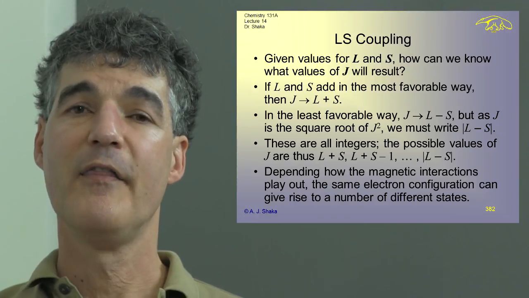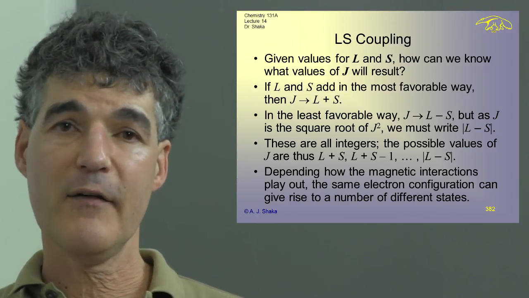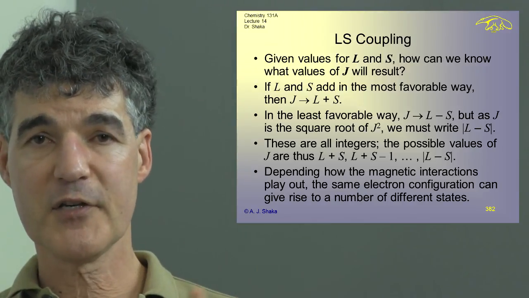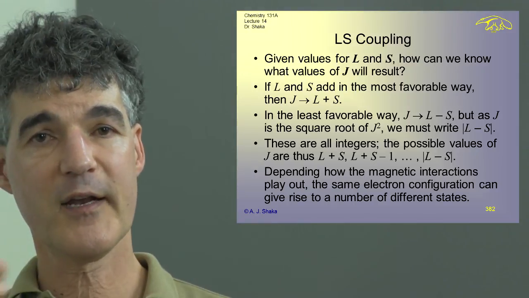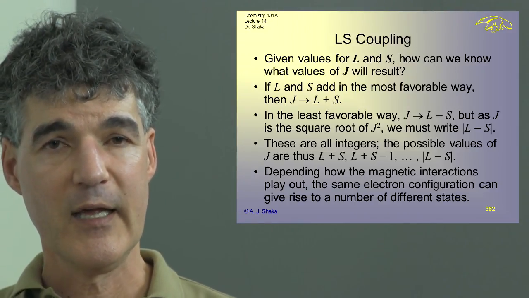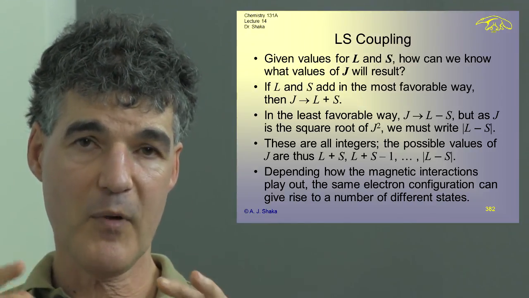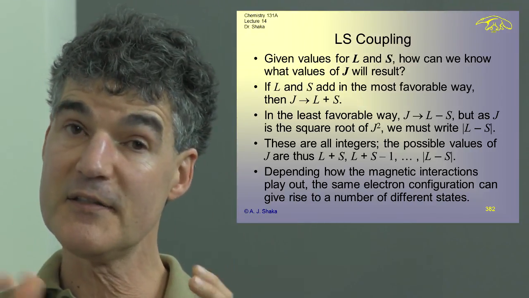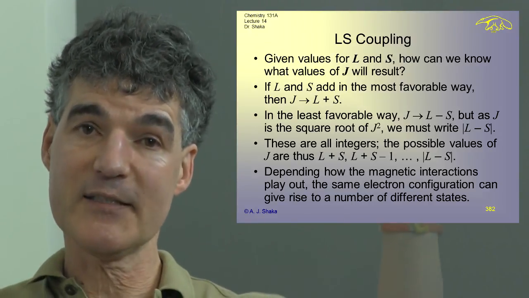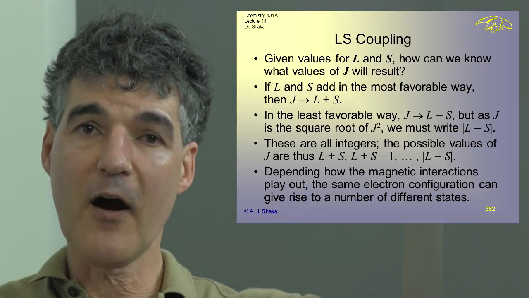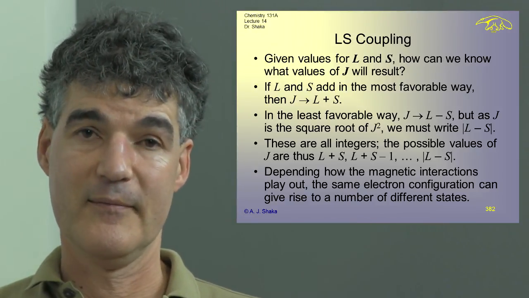And therefore, what this means is that if you have an electronic configuration of an atom that's open shell with several electrons, depending on the details of how these magnetic moments are interacting, and since these energies are small, then if I have something like a blast, like an electric arc, they're all going to be there.